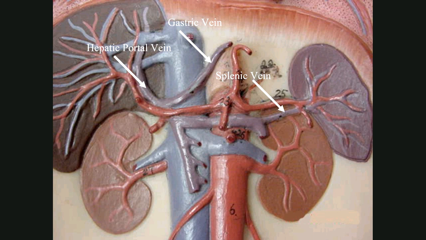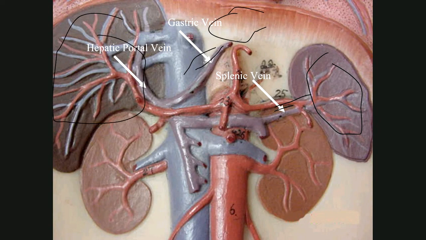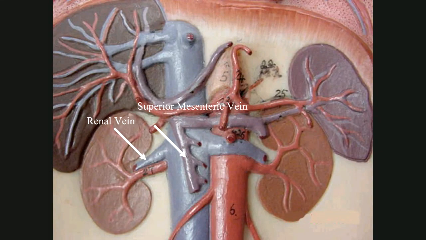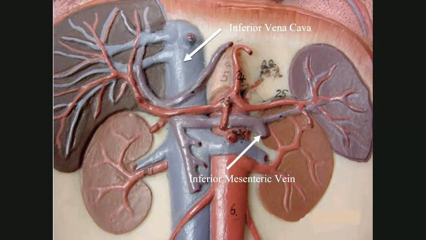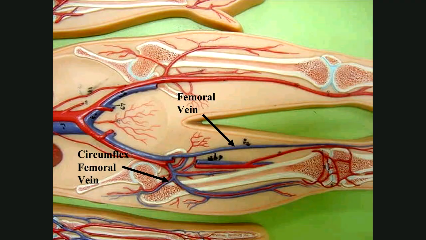Draining this, we're going to come from the spleen. We're going to come from the stomach. We're going to come from the liver. It's all going to drain into this inferior vena cava. Not only that, but we're going to drain the kidneys. We're going to drain the small intestines, top part, bottom part, all drain into the inferior vena cava. If you look at the legs, remember we're going to start down here.